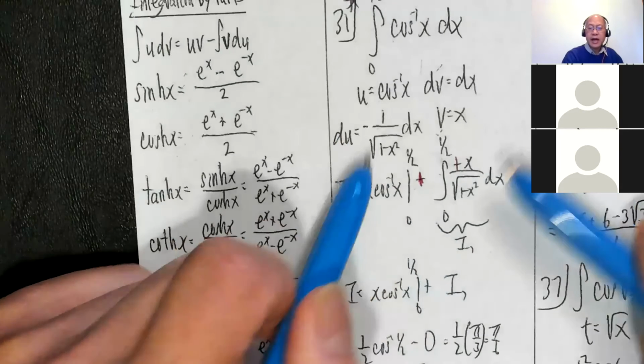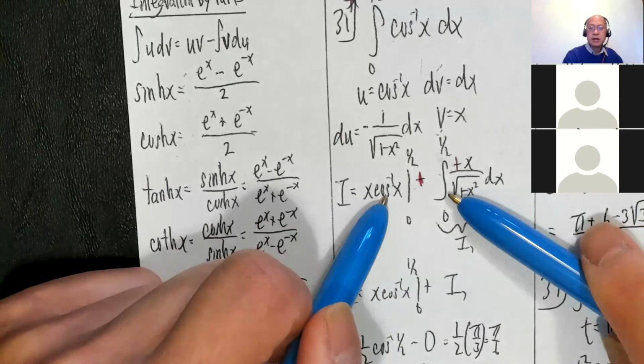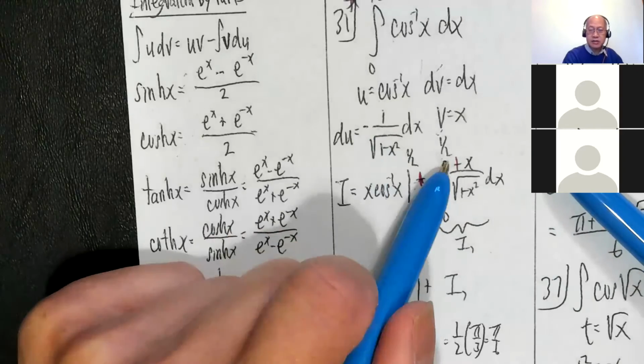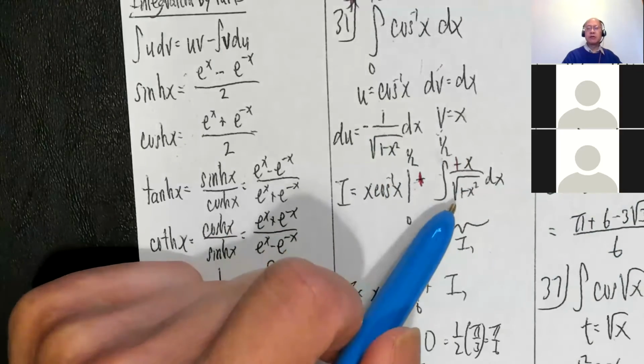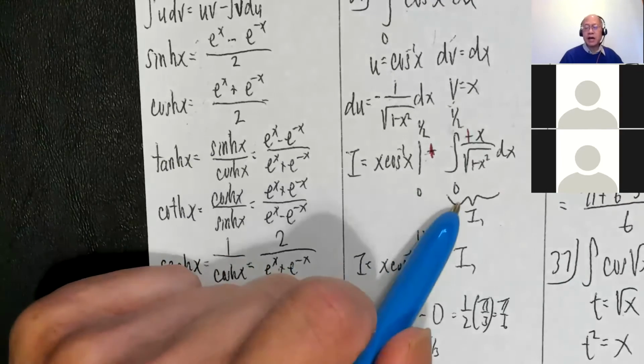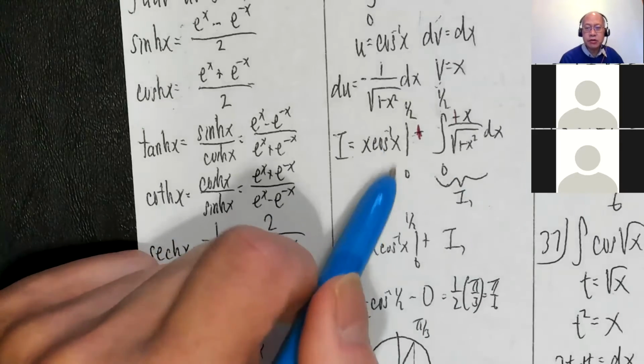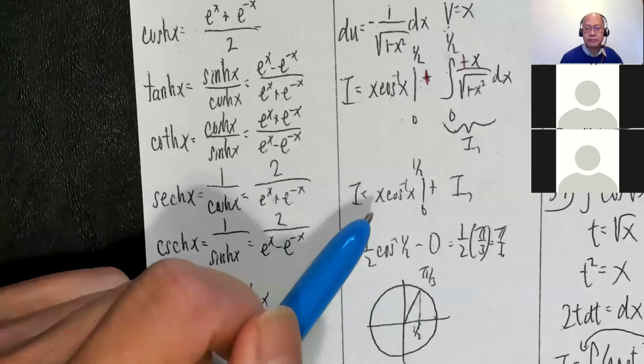So uv is x inverse cosine x, minus, pretend it's a minus, integral of v du. There's a negative there, so negative x over radical 1 minus x squared dx. Okay, and I decided to call this I1. Change that to a plus. So it's x inverse cosine x from 0 to a half plus I1.